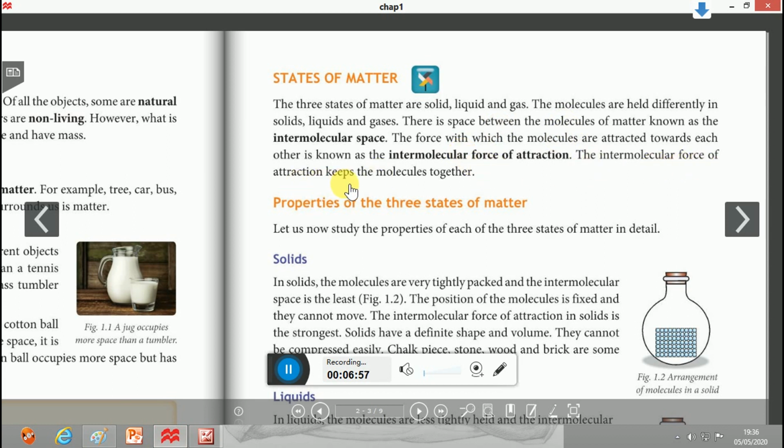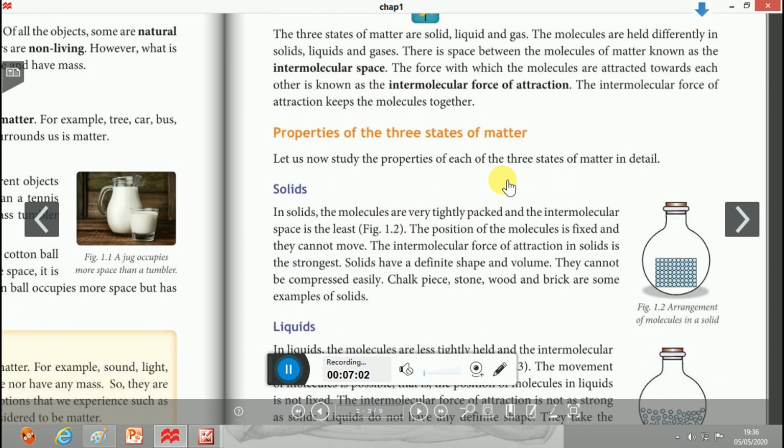The intermolecular force of attraction keeps the molecules together.